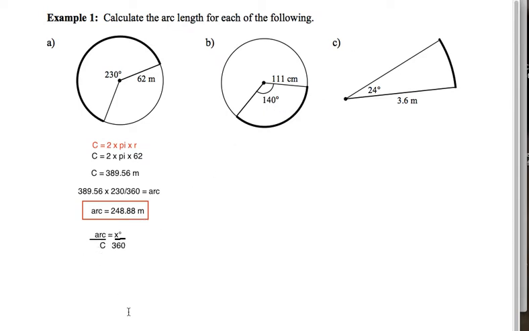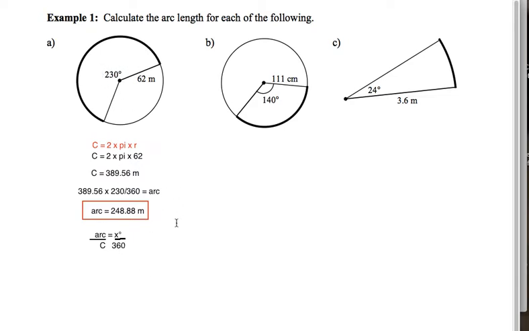And this makes sense, right? All this is saying is that this much over this whole circumference, the arc over the circumference, is exactly the same as this angle, 230, over all 360 degrees.